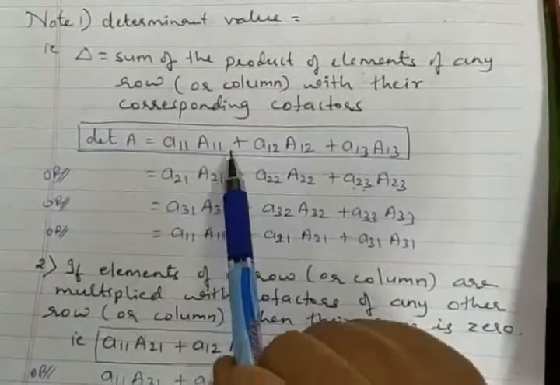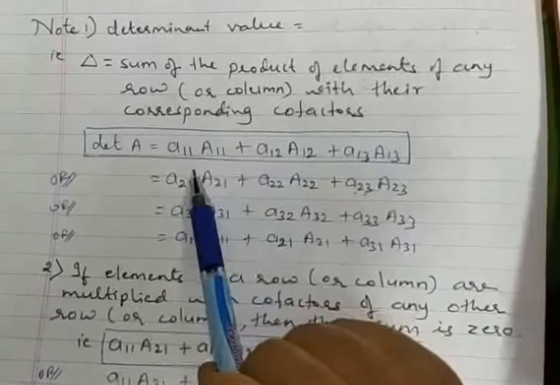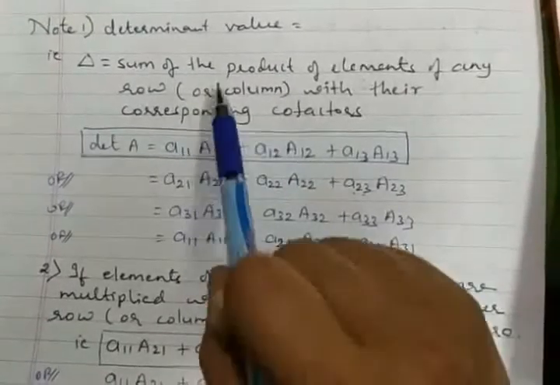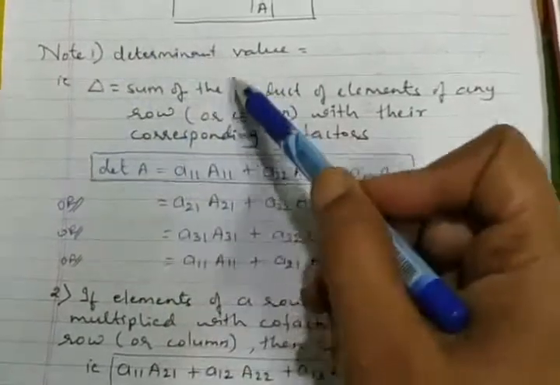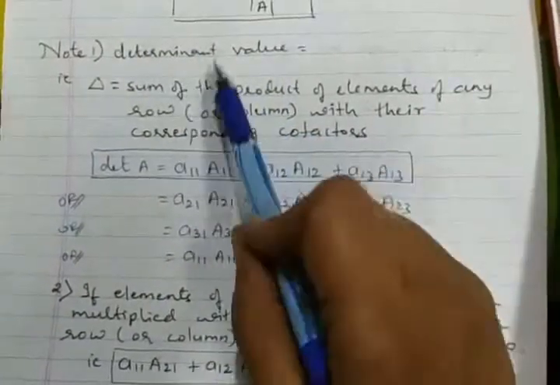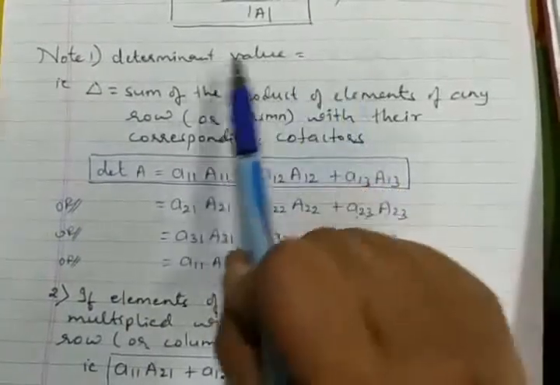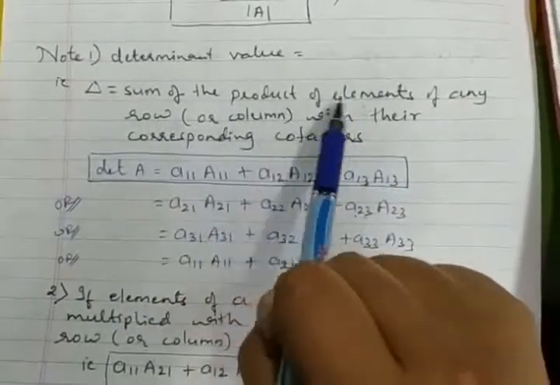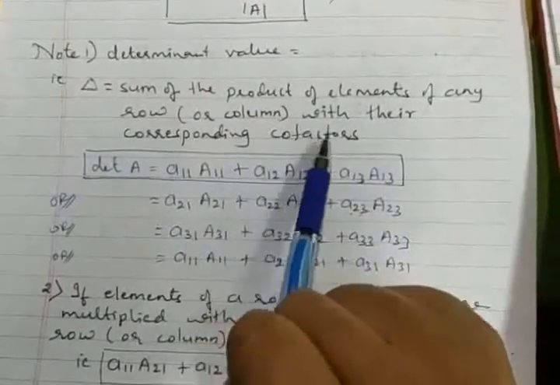So when the question is asked to evaluate, this is the best way to find the determinant value. Now I think henceforth you can take this as a definition also. What do we mean by determinant value? The definition can be given as: the determinant value of a square matrix is the sum of the products of the elements of any row or column with their corresponding cofactors.